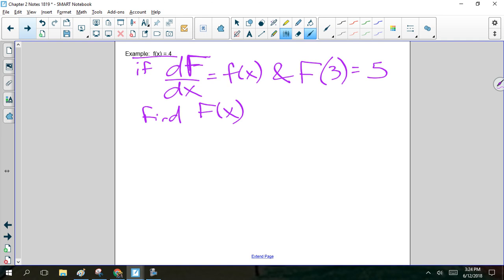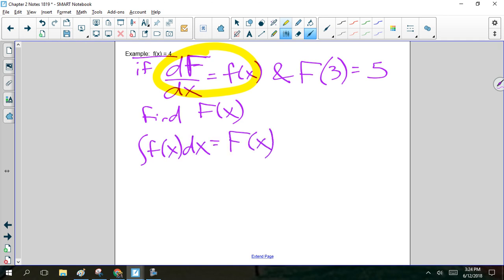So this statement is the same as saying that the integral of f of x with respect to x is capital F of x, right? So we already did this. Remember we got 4x plus c equals F of x. We just did that a minute ago.